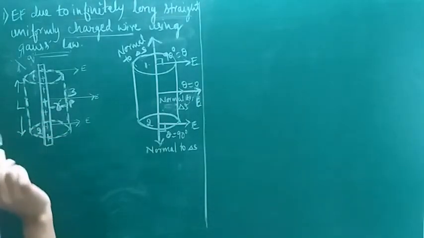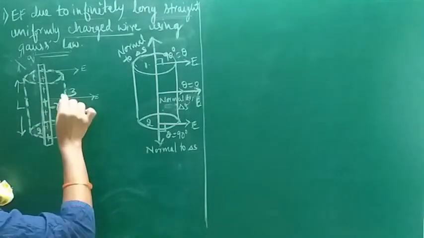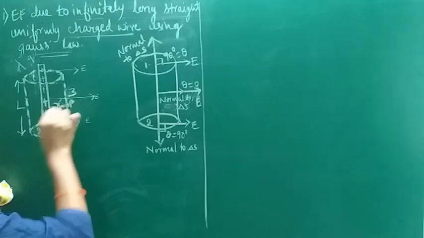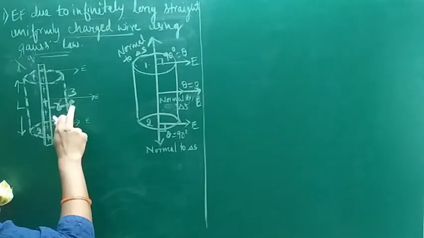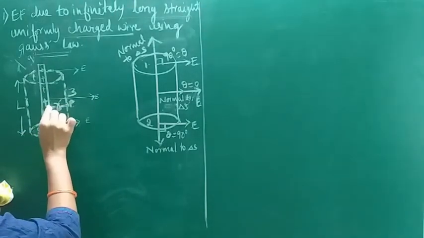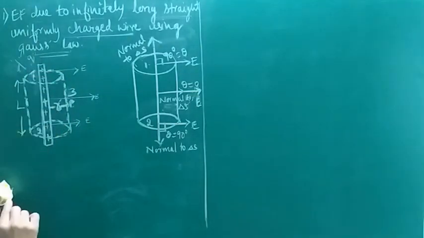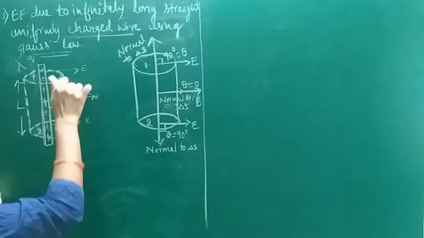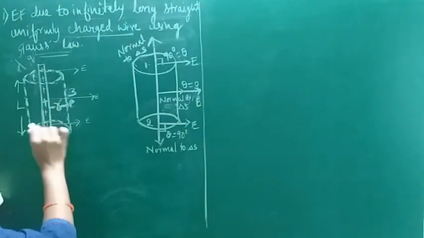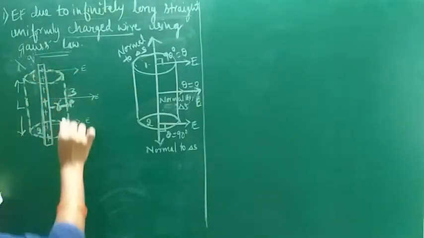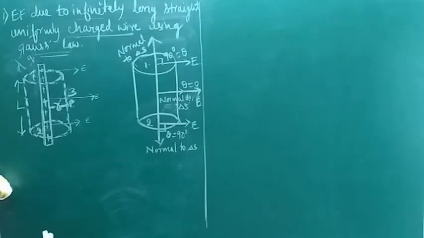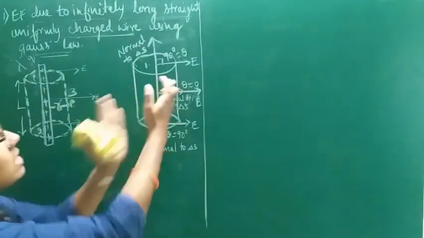Now we need to find the electric field. Let the observation point be P, and this P is at a distance R from this charged wire. By taking this distance as the radius, we are drawing this Gaussian surface. Now take a wider view of this.